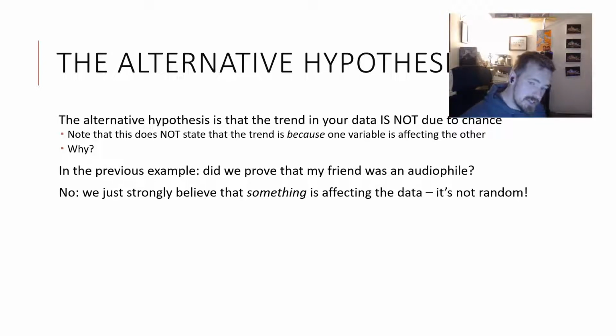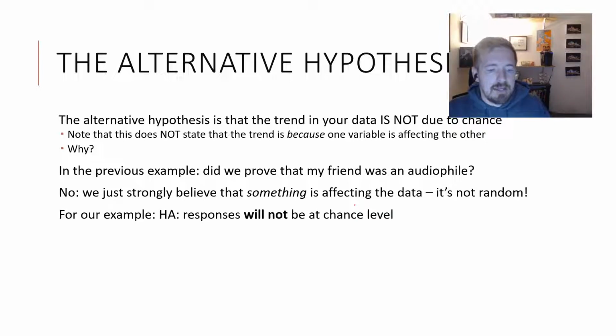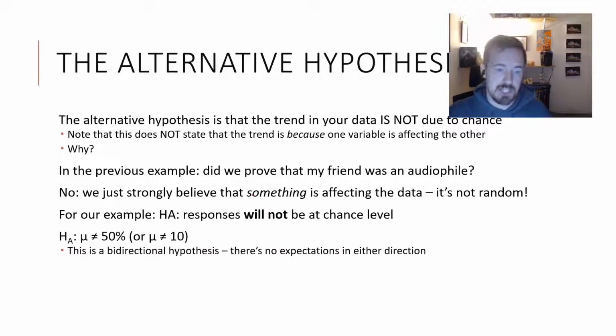So in the previous example, what would that look like? If the alternative hypothesis here is that my friend is an audiophile, what would that be? Basically, we would just say that her responses are not going to be at a chance level.